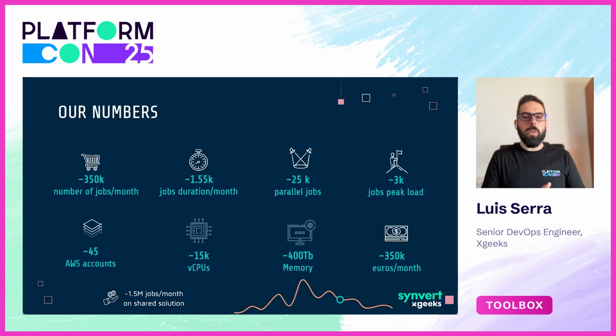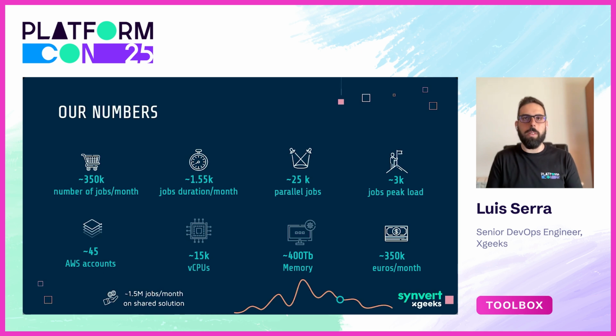Some of our numbers, so these are numbers for the last year. This is data from the real usage of our product from our teams. We have an average of 350K jobs being executed on Fleeting Runners per month. We are talking about 1.5K months of accumulated job duration per month.